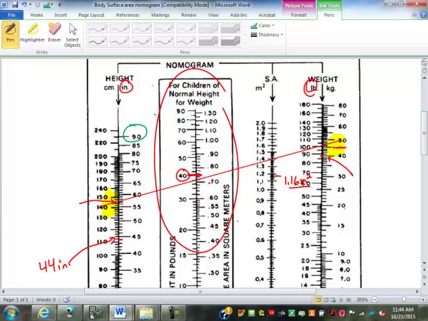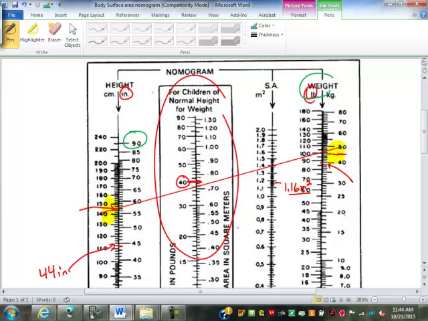Not in Wisconsin. But on the other side, the weight only goes up to 180 pounds. And I'm guessing you're going to encounter a whole lot more people that are over 180 pounds. So the nomogram has limitations.